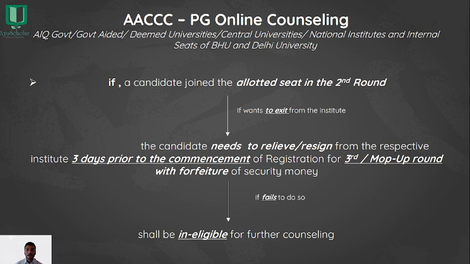Take an example: a candidate has got a seat allotted in the second round and doesn't want to join that seat. Now he has to relieve or resign from the respective institute 3 days prior to the commencement of the registration for the third or the mop-up round, and his security money gets forfeited.